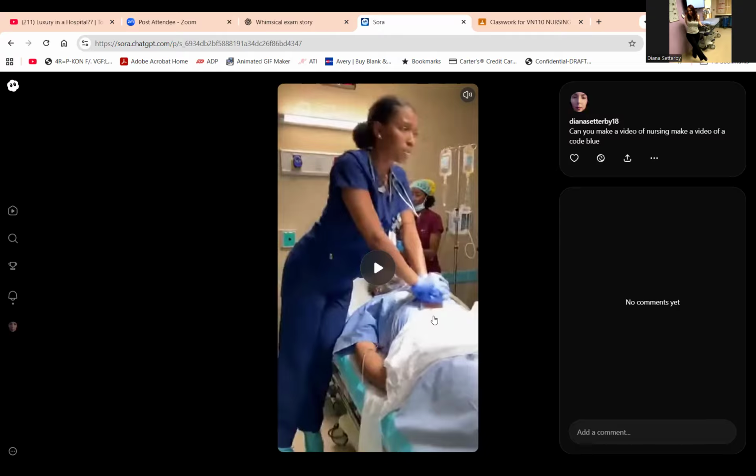The crash cart's not even in place. Nobody's putting the monitor on. The mask isn't being worn, and look at that rhythm. So lots of things are incorrect in this visual. She's not leaning correctly, so the bed's a little too high for her. So many things are wrong with this image.